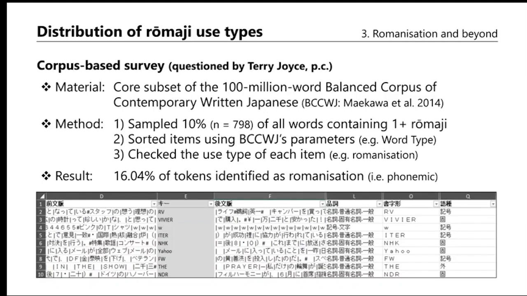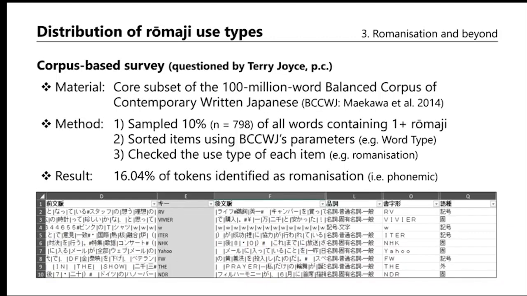I sorted the words using the parameters provided by the database and checked the use type of each item. In most cases, this was automatic, but in some other cases, I had to make decisions as to whether this particular type belongs to romanization or something else. Now, the result is that about 16% of tokens were identified as romanization, i.e. phonemic mapping.